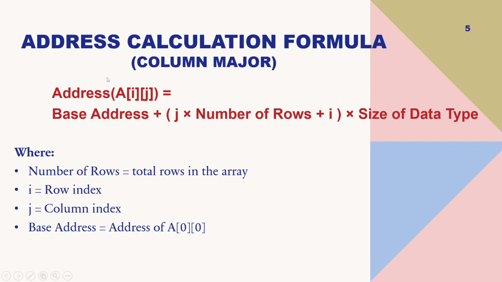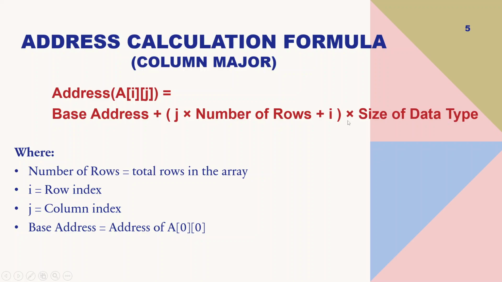Here we multiply the column index j with the number of rows because one full column is stored before moving to the next column. Then we add the row index i. The entire value is multiplied by the size of the data type and finally added to the base address.